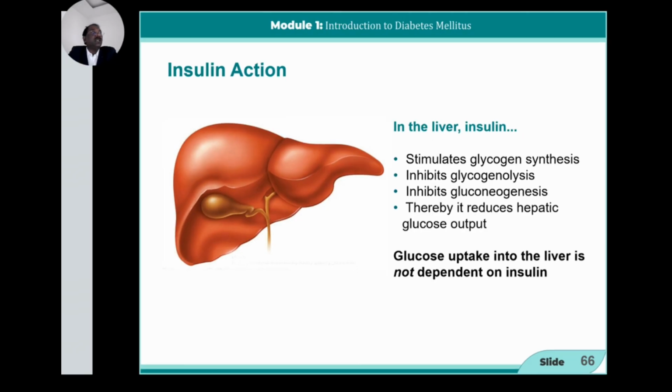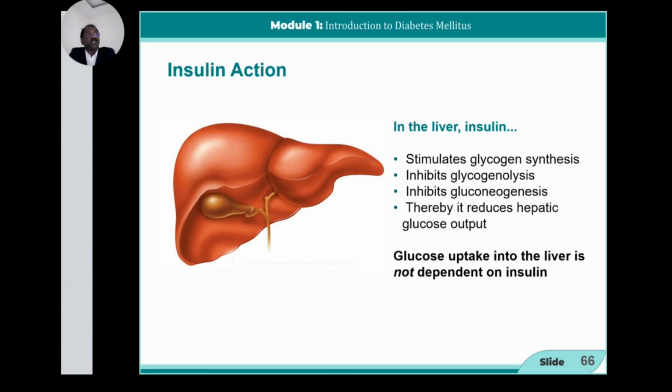So this is the insulin. Insulin action in the liver stimulates glycogen synthesis, inhibits glycogenolysis so as not to get more and more glucose, and inhibits neoglucogenesis, thereby reducing the hepatic glucose output.